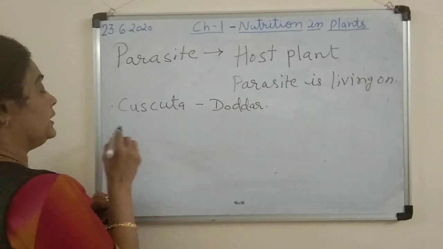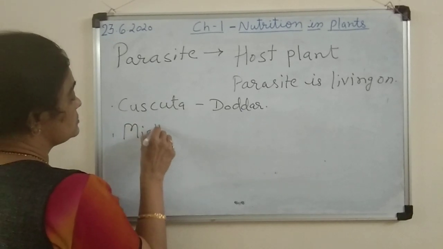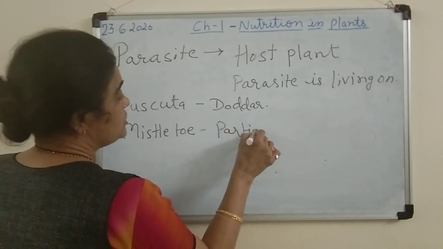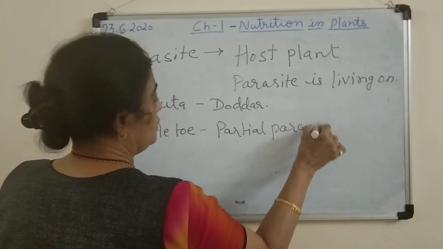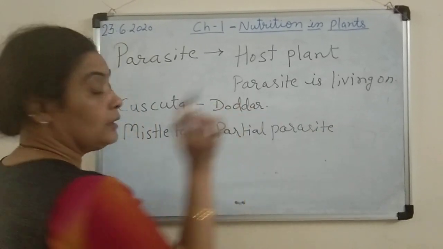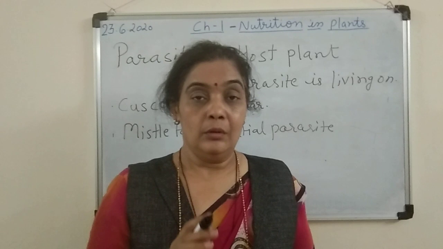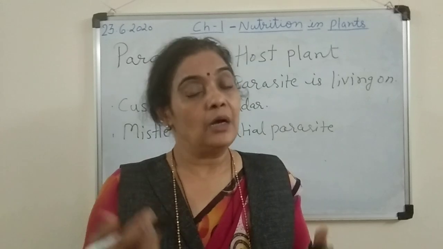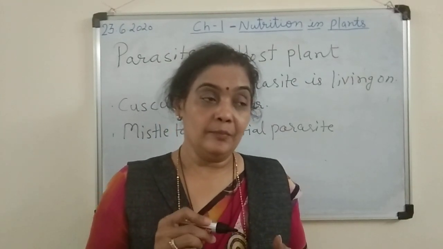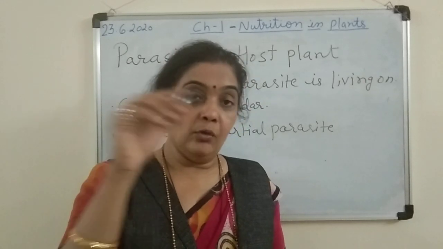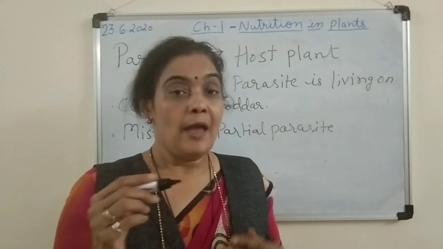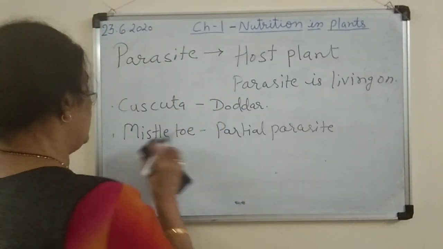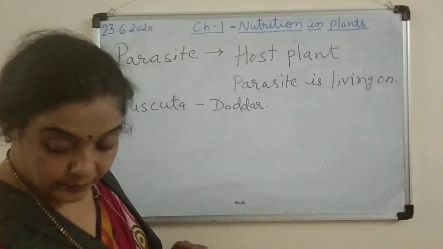Another is mistletoe. This is actually known as a partial parasite. I'll tell you why. Dodder is a complete parasite. A yellow thin stem grows over other plants, and then they get coiled around the stem of the host plant and enter their haustorium in the plant, like this.